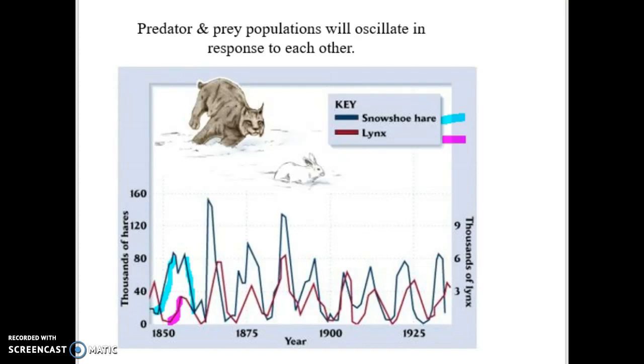That means the predator population will decline. And this is over generations. This is not in a single day or a single week. Each generation, more babies are born if there's less predation. If there's more food available, more lynx are born, and this kind of oscillation continues to occur over time.